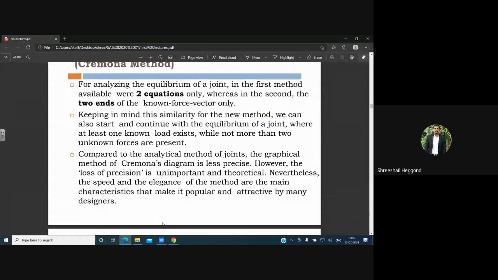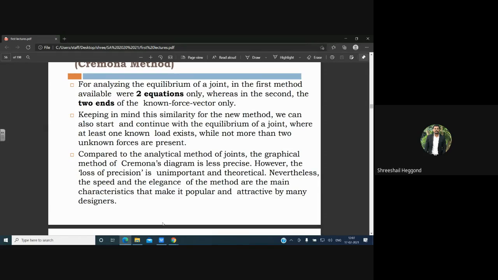Keeping in mind the similarity of our new method, we can also start and continue with the equilibrium of joints, where at least one known load exists in each joint, with not more than two unknown forces present. If you are considering any joint, there should not be more than two unknowns, which we have solved in the previous methods also.